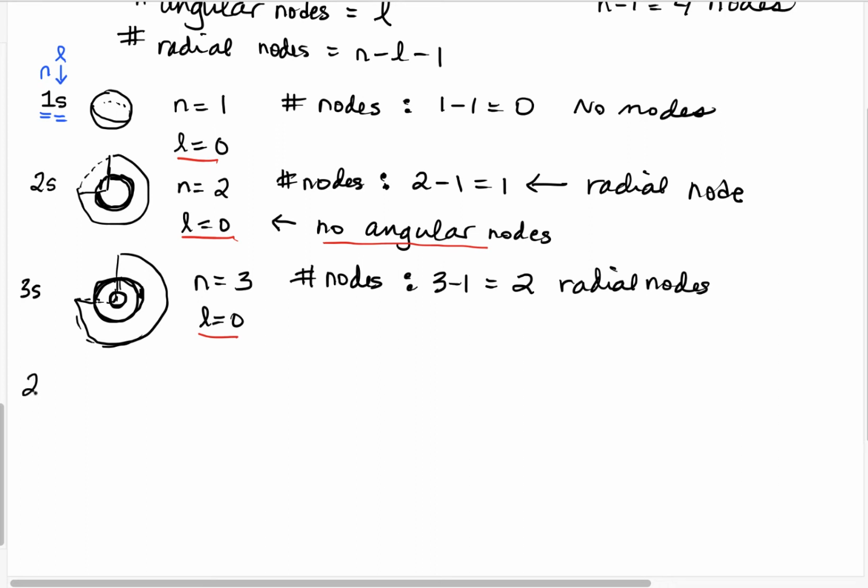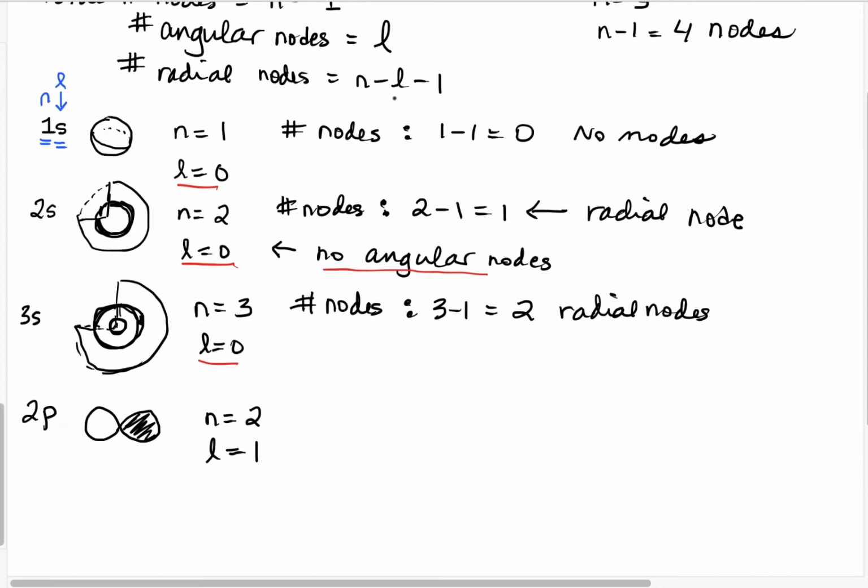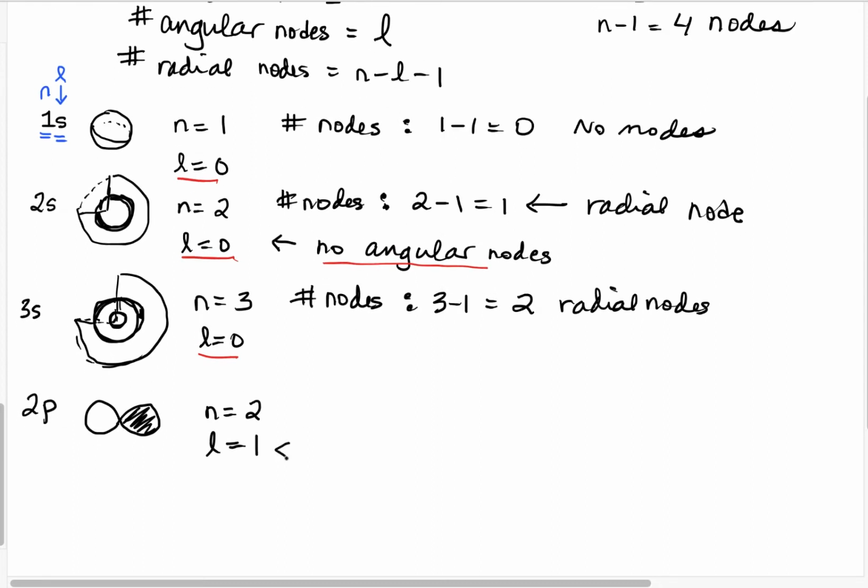Let's see, for 2p orbitals, we have an orbital that looks something like this. N is equal to 2, L is equal to 1. We have our number of angular nodes is equal to L. So we definitely have one angular node.